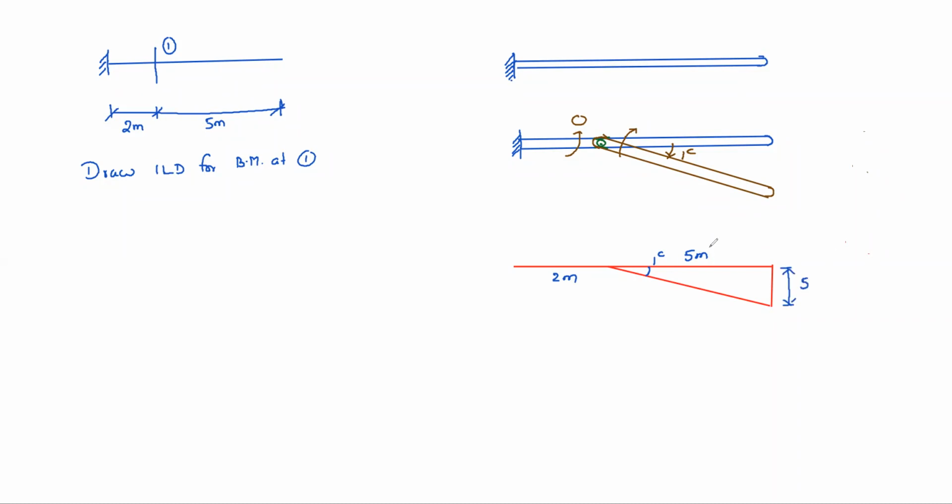Opposite side by adjacent side is tan theta equal to theta, that is 1 radian. So 5 negative. This is the ILD for bending moment at 1. Okay. Next.